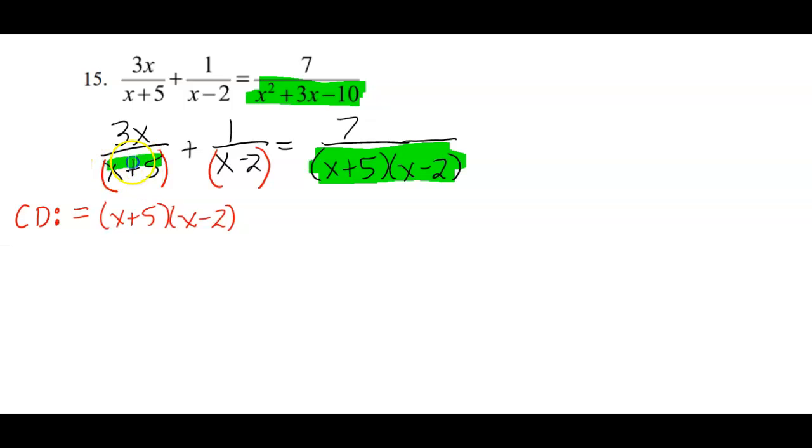Well, there's x plus 5, so that's already in the common denominator. And x minus 2 is already in the common denominator. So all the denominators I have in this set are in the common denominator. I'm checking. I don't have any other factors. So this is the value that I'm going to multiply through. So I'm going to rewrite it to be clear.